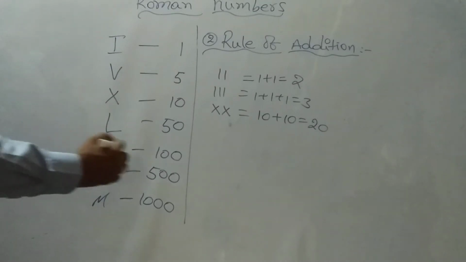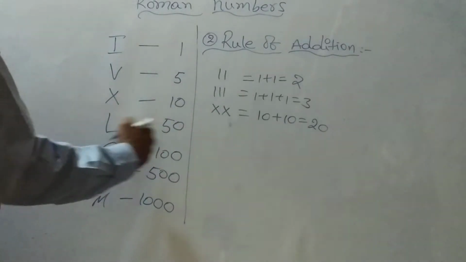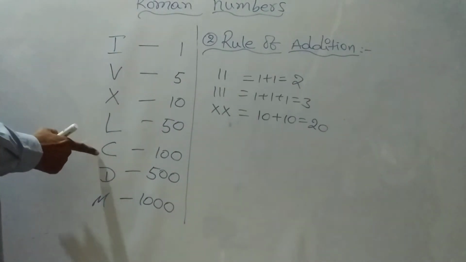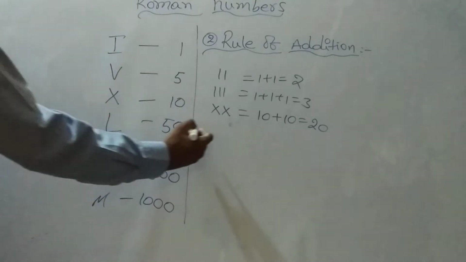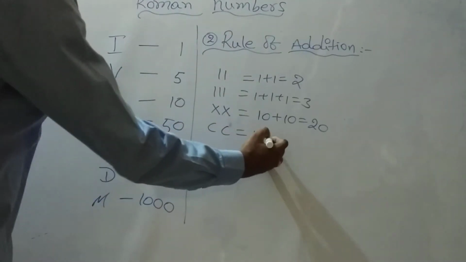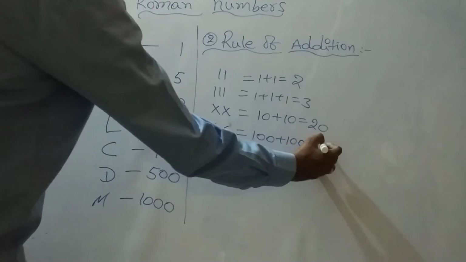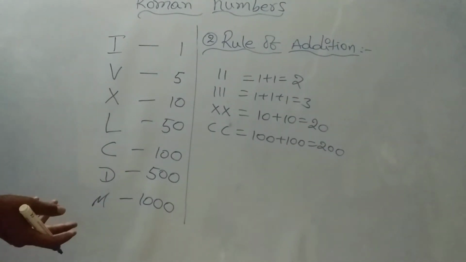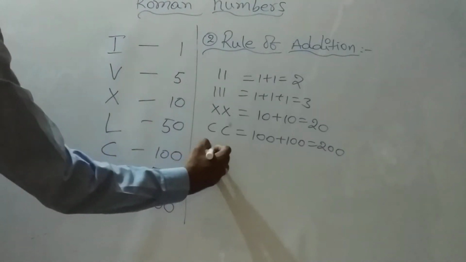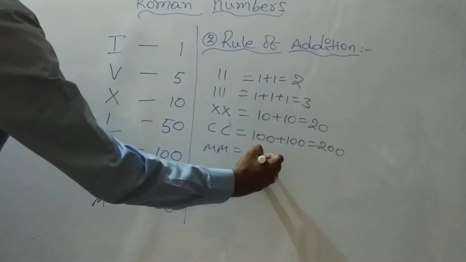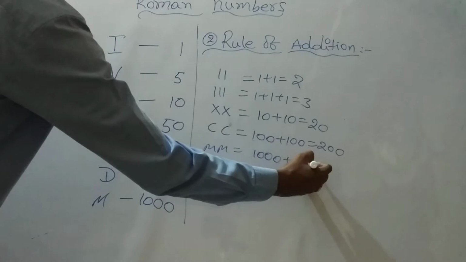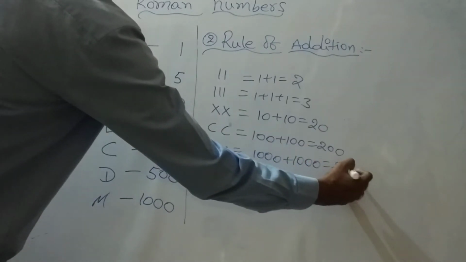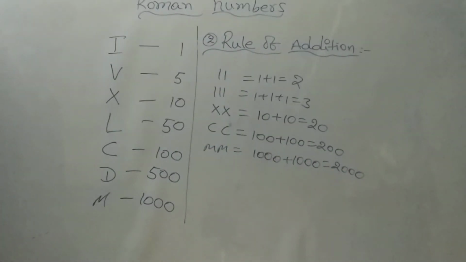Okay. Next, L cannot be repeated. C can be repeated. C, 100 plus 100, that is 200. D cannot be repeated. M can be repeated. M, that is 1000 plus 1000, that is 2000. Okay.